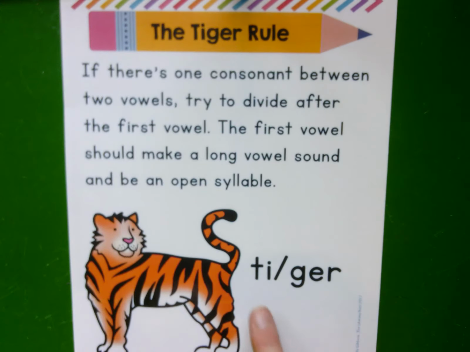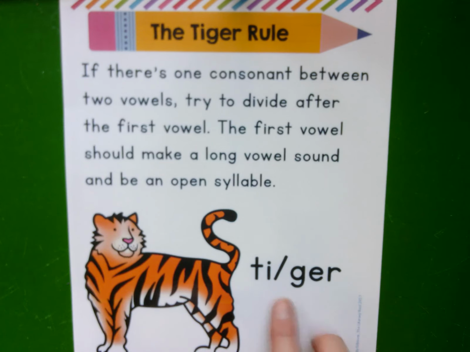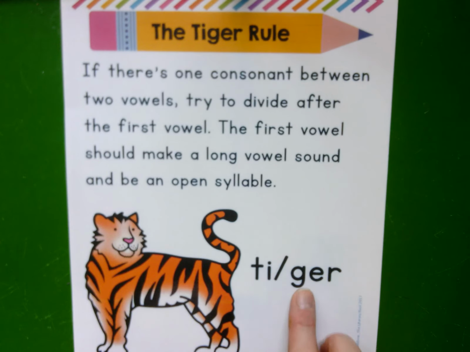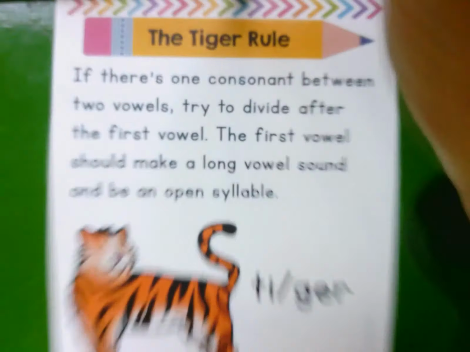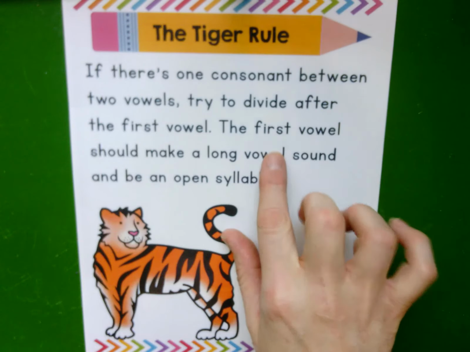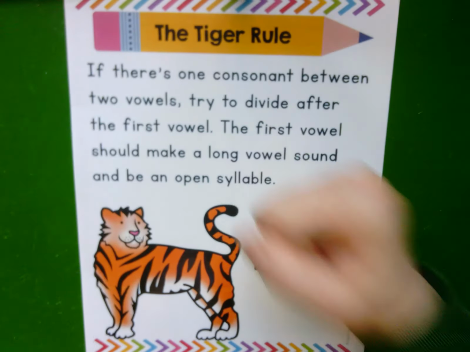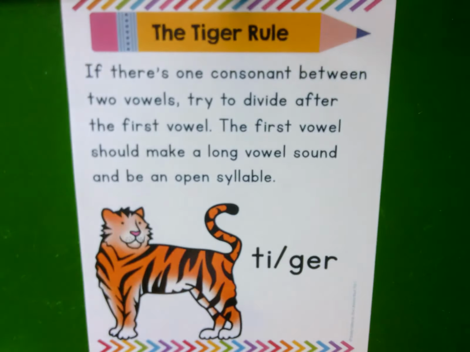And so like in tiger, I see it says if there's a consonant between two vowels, so that G, we try to divide it after the first vowel. And so then we have ti-ger, tiger. So we're going to try to break apart a couple words.